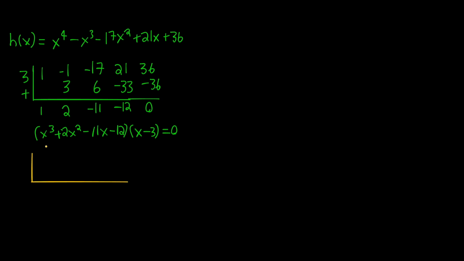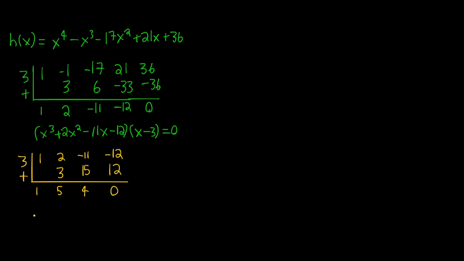So we're at 1, 2, -11, -12, and we're throwing 3 in again. So we go 1 there. 1 times 3 is 3. 2 plus 3 is 5. 5 times 3 is 15. -11 plus 15 is 4. 4 times 3 is 12. -12 plus 12 is 0.